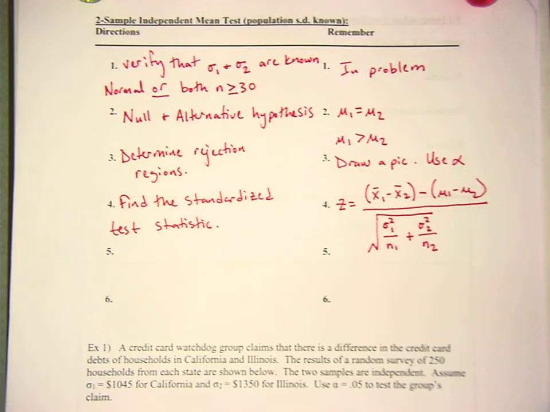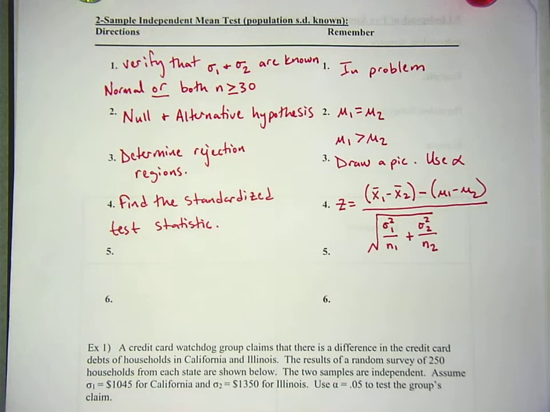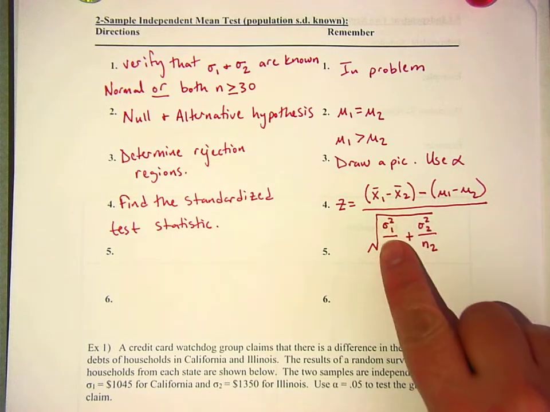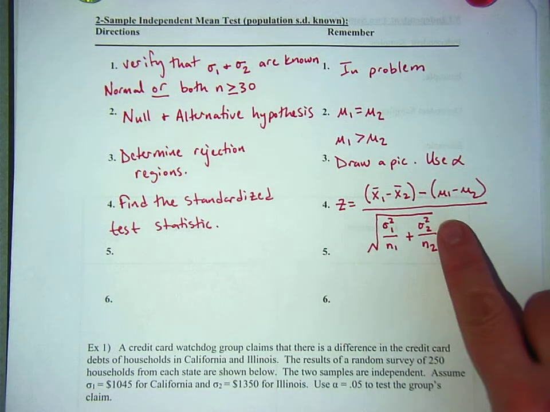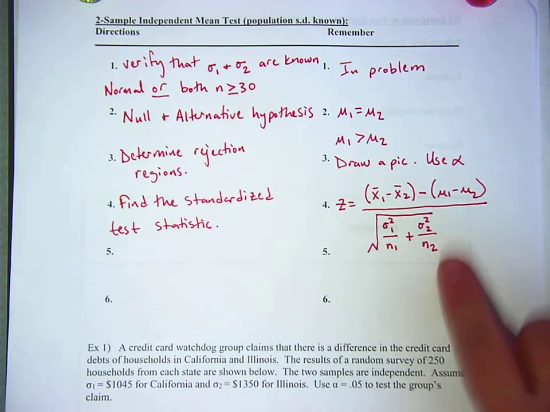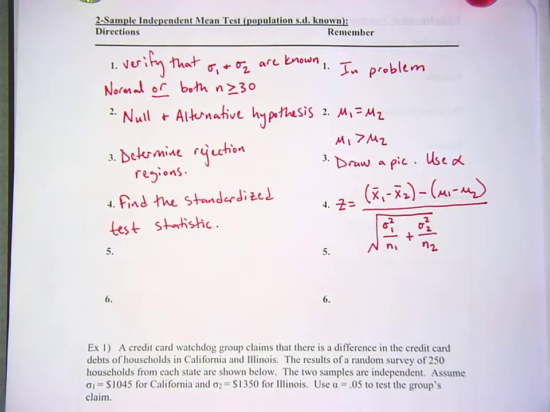I'm writing this whole thing this way, but there are a few things you need to know. That's sigma squared, the first sigma squared divided by the first n, and the second sigma squared divided by the second n.